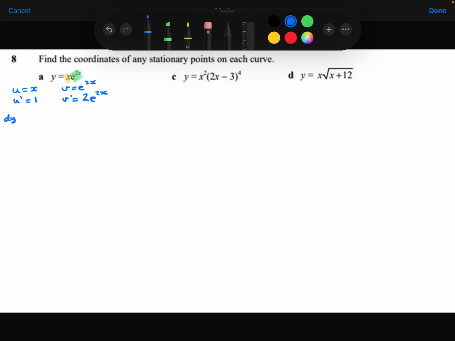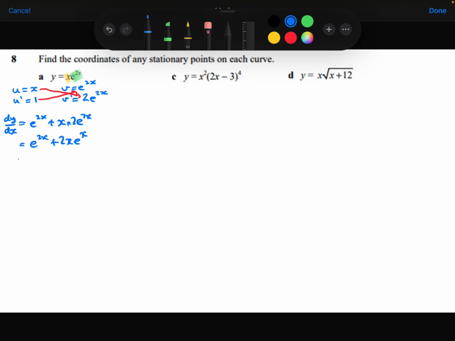Now applying the product rule to that, I've got u dash times v plus v dash times u. So 1 times e to the power 2x plus x times 2 e to the power 2x, which is going to simplify.